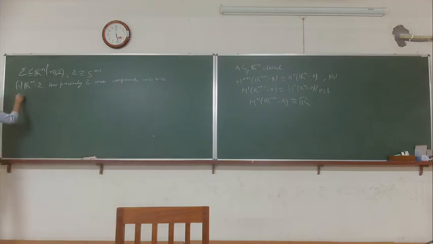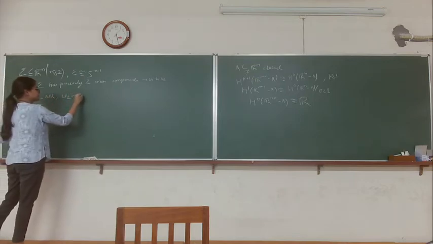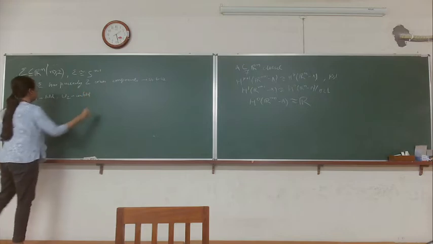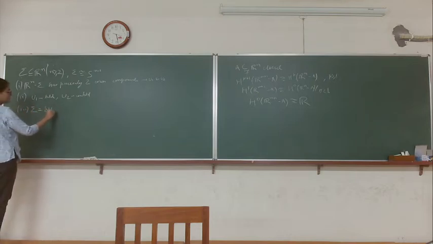The second one says one of them is bounded, say u1, and the other is unbounded. And the third property says that sigma is precisely the set of all boundary points for u1 as well as u2.